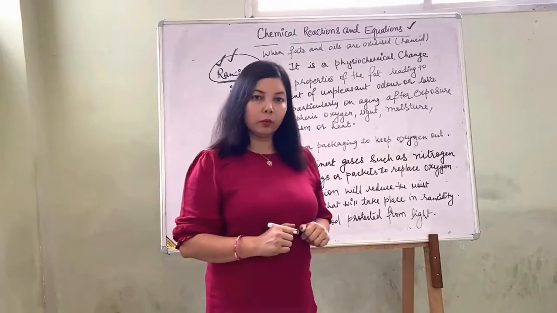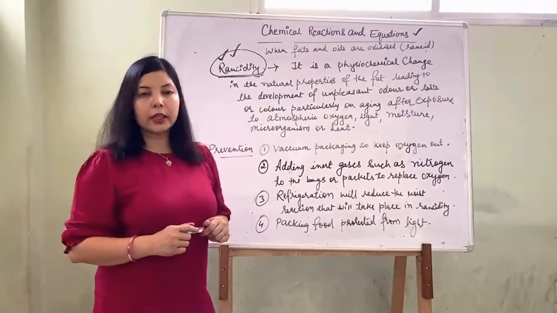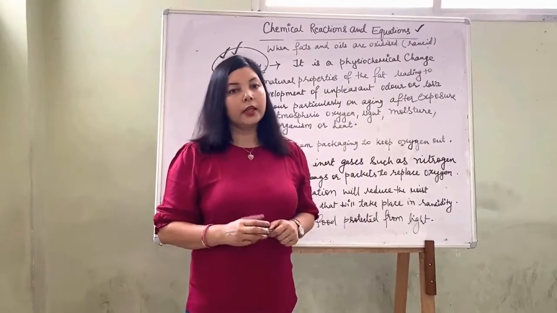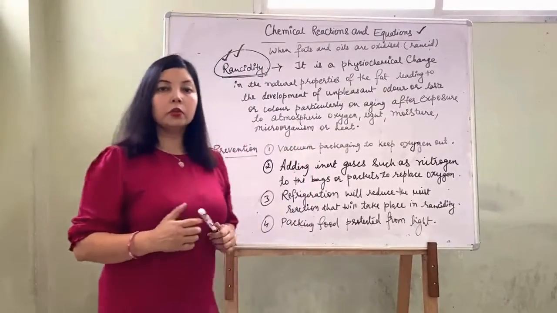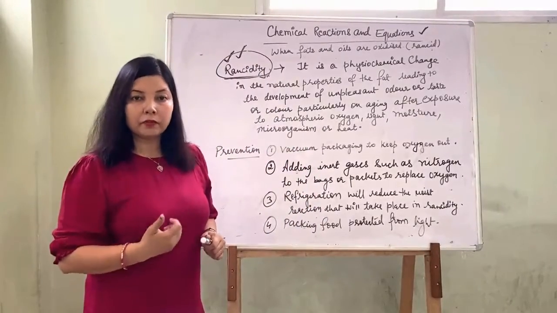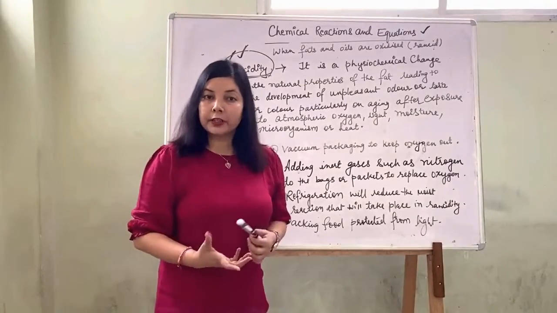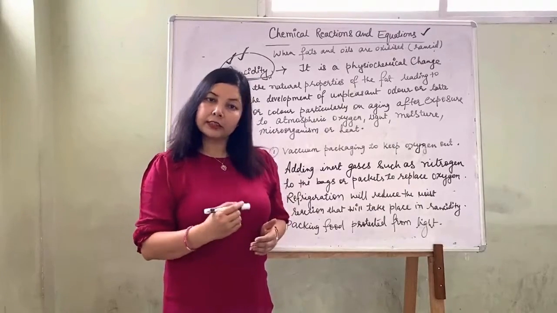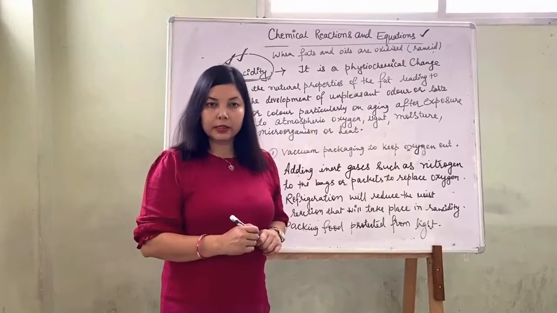Have you wondered why it happens? What has happened to those food materials that they have lost their crispiness and their characteristic odor? So those food materials containing fats and oil have got oxidized, or better we can say they have become rancid. When the fats and the oil get oxidized, that is known as rancidity.